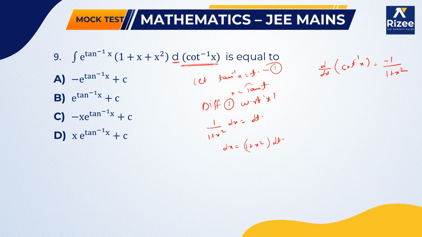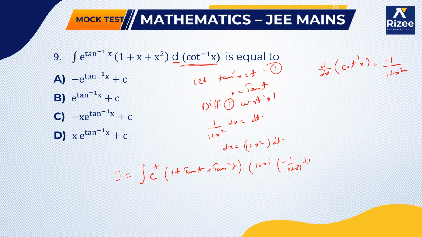So substitute this into I, which is the integral of e power tan inverse x, meaning e power t, 1 plus x square meaning 1 plus tan square t, with minus 1 by 1 plus x square dt. Both get cancelled. The remaining I is equal to minus of integral e power t plus integral e power t tan t plus integral e power t tan square t dt.